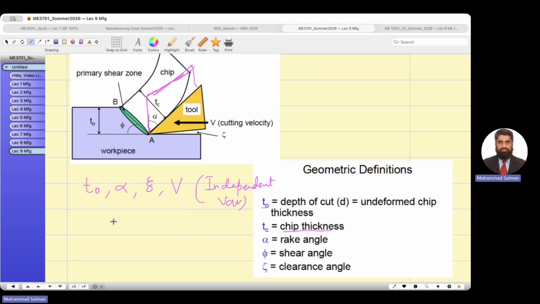The dependent variables are the shear angle, which is horizontal to the shear plane where the cutting is happening, and the cut chip thickness.